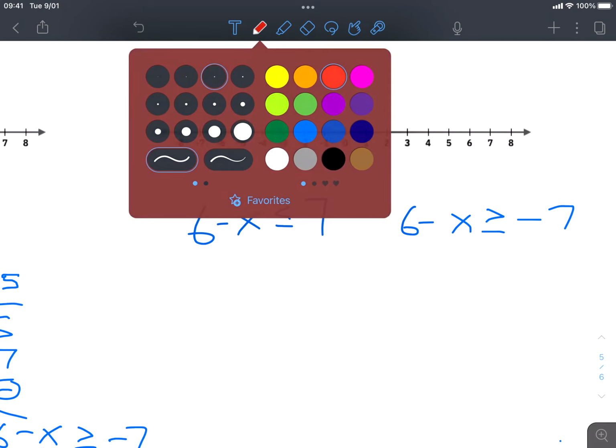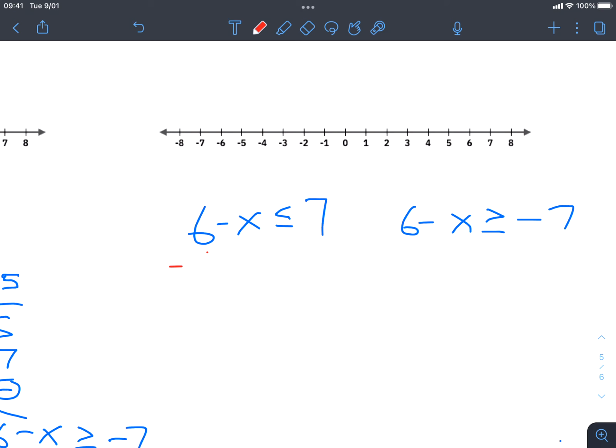Like before, I need to isolate, so I'm going to get the x by itself by subtracting the 6 on both sides. So negative x is less than or equal to 1, 7 minus 6 is 1, and negative x is greater than or equal to negative 13.